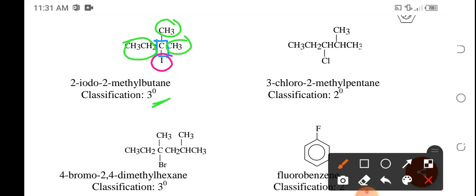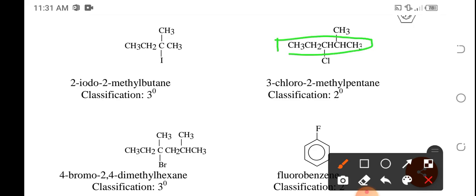For the next example, the parent chain has 5 carbon atoms. The first encountered substituent would be on carbon number, this is carbon number 2, and this is carbon number 3. Numbering system is from right to left. The chlorine is attached on the third carbon atom, and then this methyl group is attached on the second carbon atom.